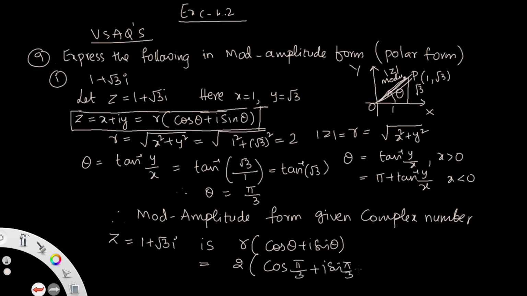In simplified form, it is 2 into cis pi by 3, where cis pi by 3 means cos pi by 3 plus i sin pi by 3. This is the modulus amplitude form of 1 plus root 3i. Have all of you understood? Just copy this.